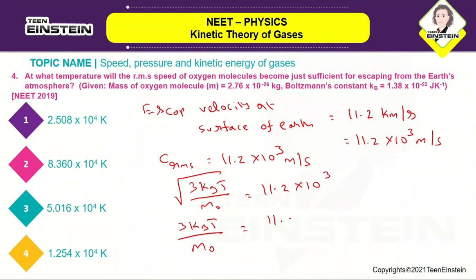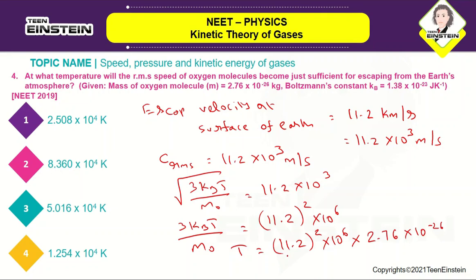Taking the square on that side, this will become 11.2 the whole square into 10 power 6, or T is equal to 11.2 squared into 10 power 6 into M naught, which is 2.76 into 10 power minus 26, divided by 3 into 1.38 into 10 power minus 23.